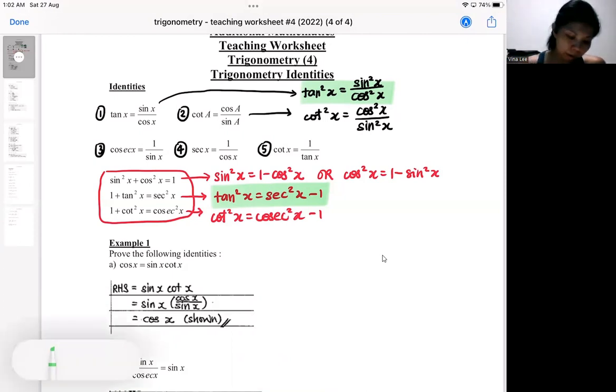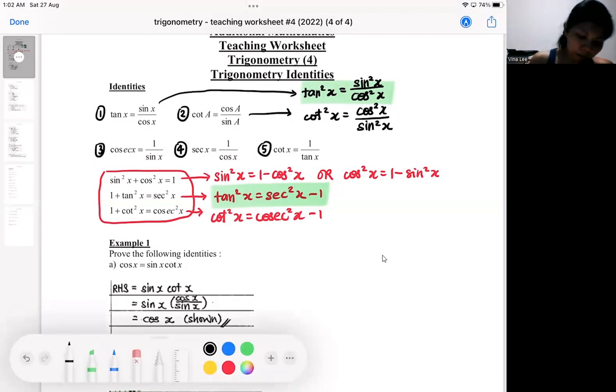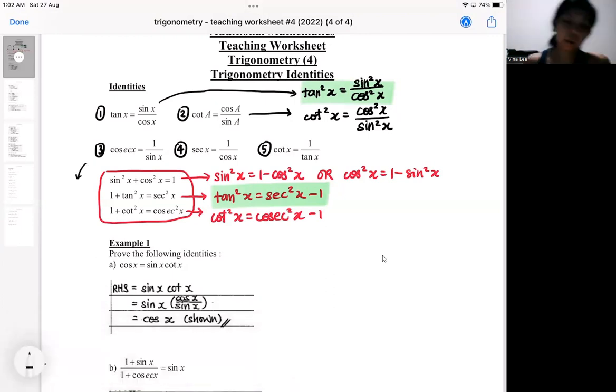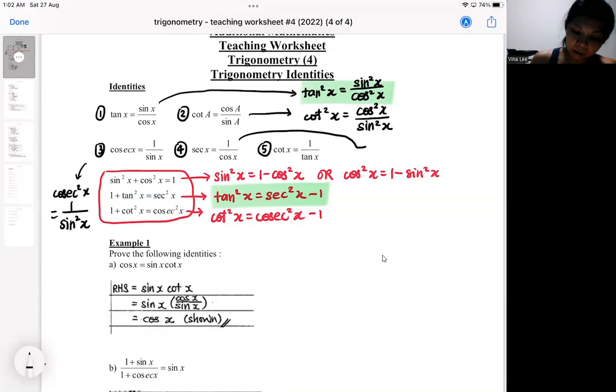That's the confusing part. Same thing here. If you look at cosecant, cosecant is 1 over sine x. So cosecant square will be 1 over sine square x. If you're not aware of this, it actually makes your proving very difficult. For example, secant x is 1 over cosine x.